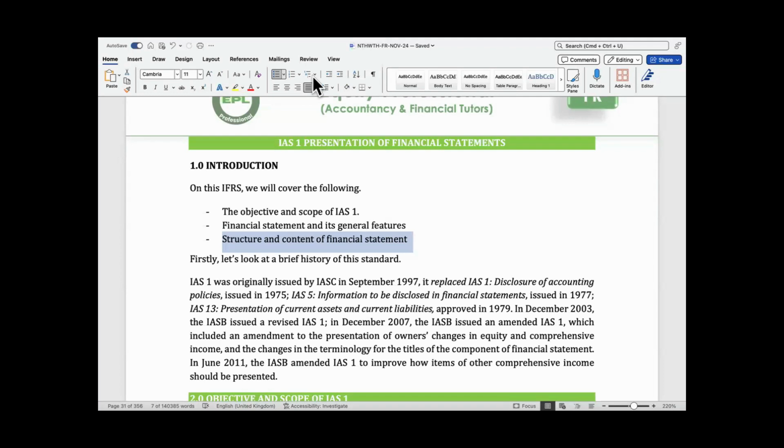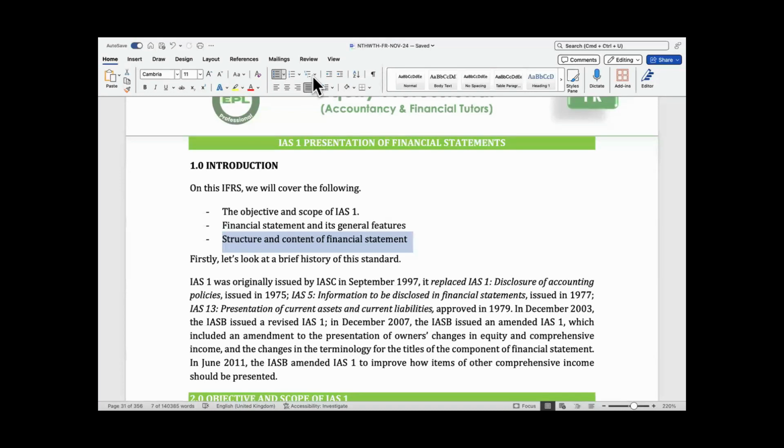If you remember, when you started this class with us, I told you that the objective of financial reporting is for you to be able to prepare and present financial statements as far as your exam is concerned.